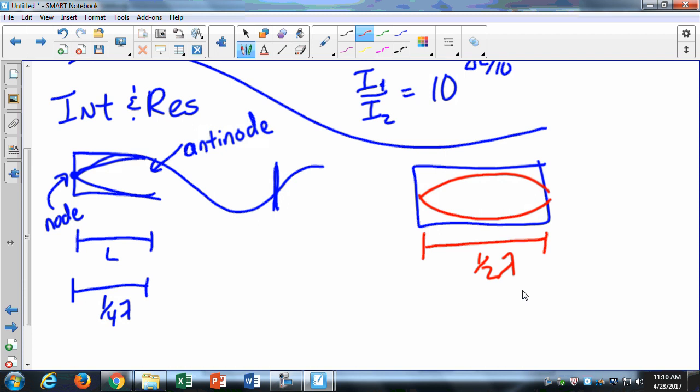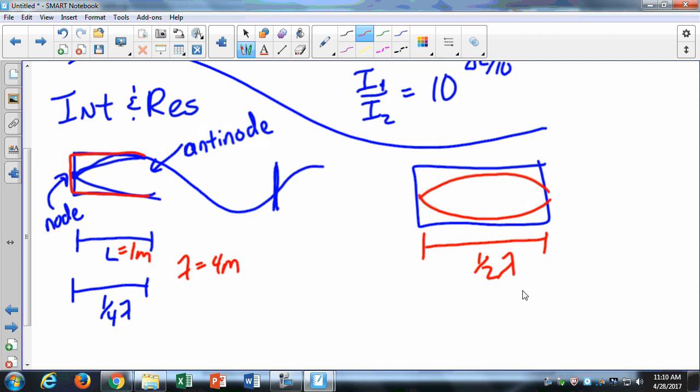But I want you to be able to take this and figure out, for example, what is the wavelength of this resonant frequency, if I were to give you the length of the tube. Are y'all clear on how to do that? Let me show you for example. Say we're dealing with this open closed tube, and I tell you that this length is 1 meter, then you know that the wavelength has to be 4 meters.